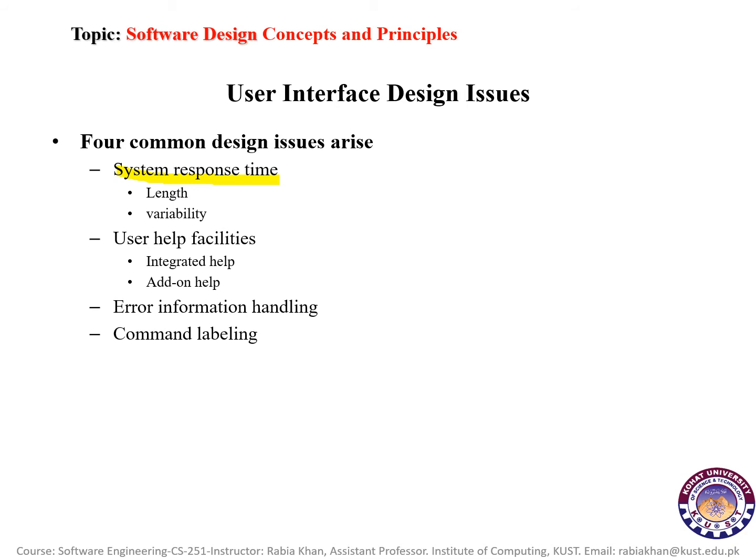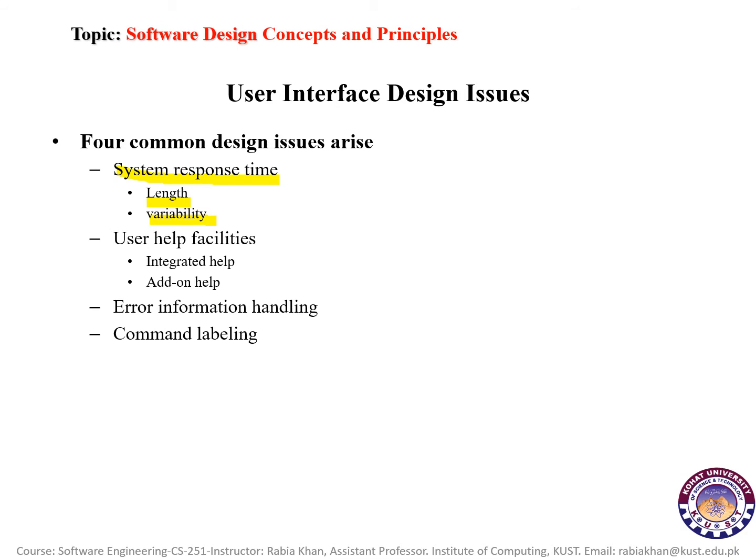So this is the time the user clicks or hits an object with the key, and the time the system generates a response for the user action. System response time has 2 important characteristics, which are the length of the response time and the variability of the response time.